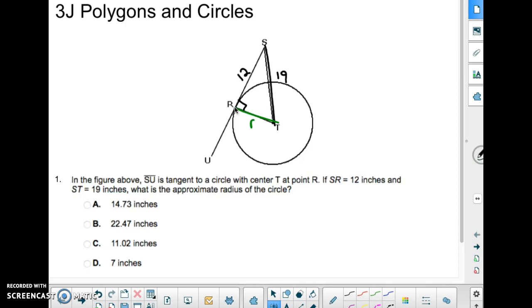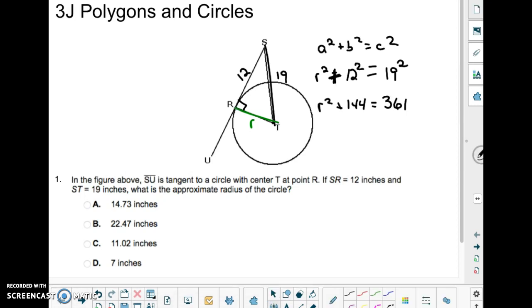Well, because this is a right triangle, we can use our Pythagorean formula. Remember, the C has to be the longest side or the hypotenuse. So A, I'm just going to say, is R squared plus 12 squared. So I squared both of those.